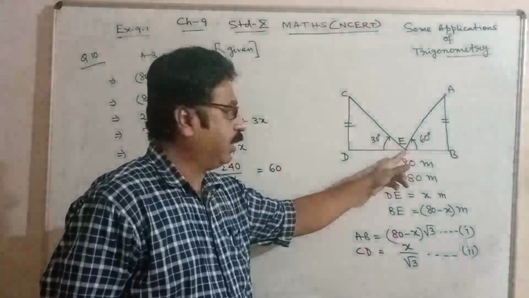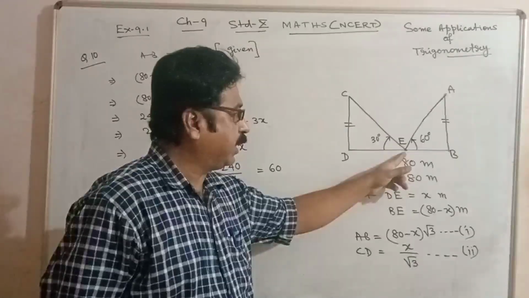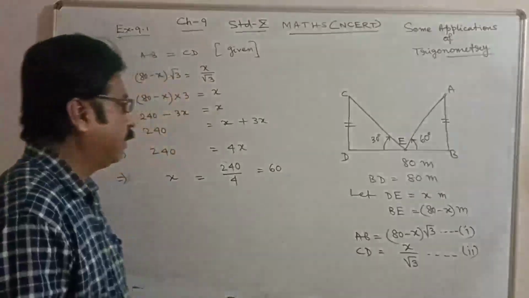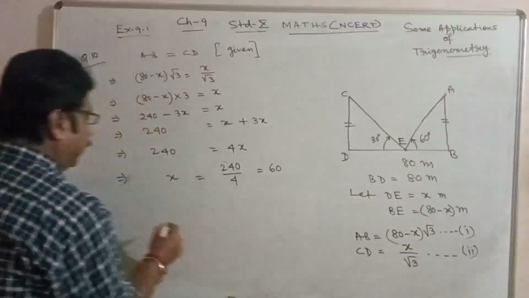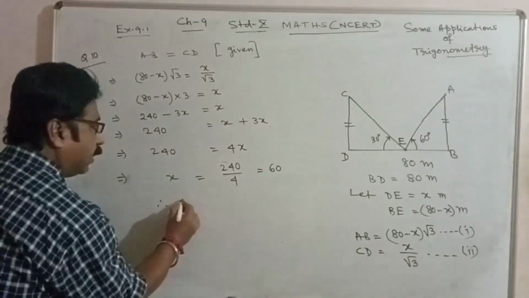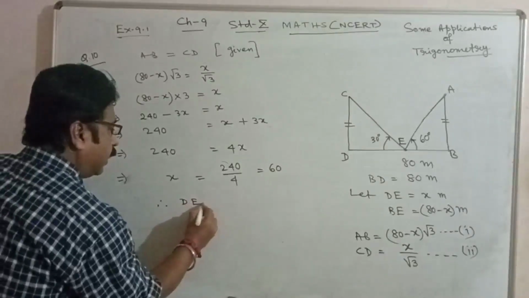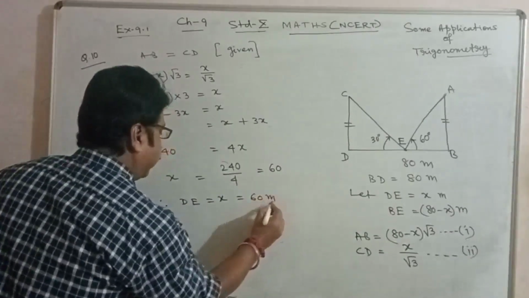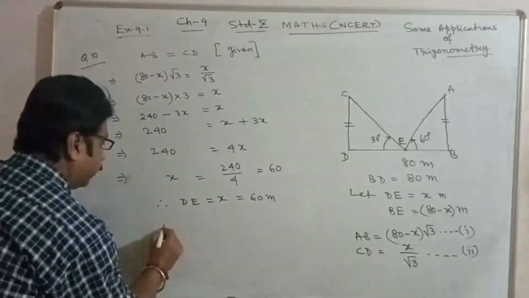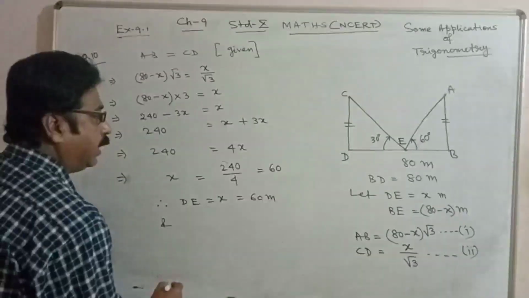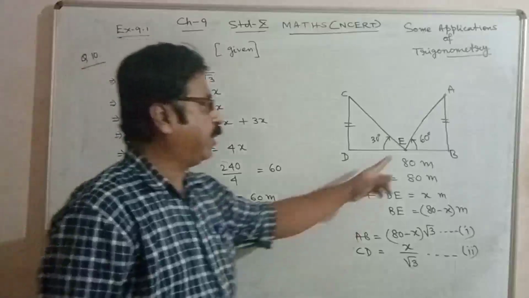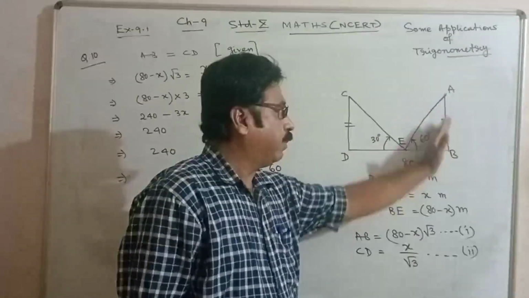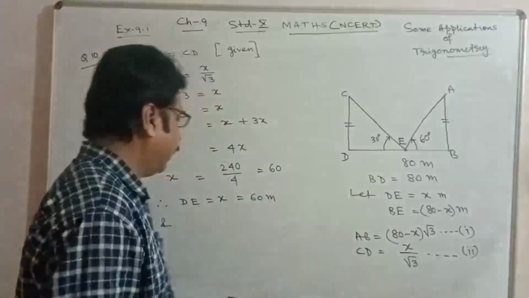DE means the point is located 60 meter away from one pole. Therefore DE equals to x equals to 60 meter, and BE, that means E point is located from the pole AB. How much?